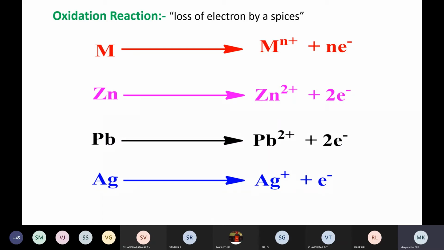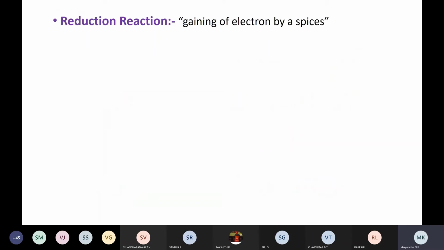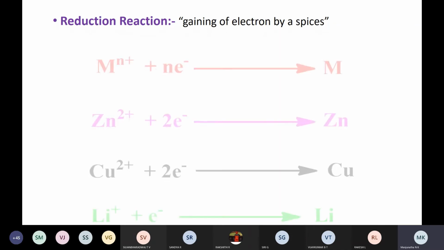Coming to the next reaction observed during a redox reaction, that is the reduction reaction. The reduction reaction is defined as the gaining of an electron by a species. Suppose a species gains the electron liberated by some other metal or species, that type of reaction is called a reduction reaction.